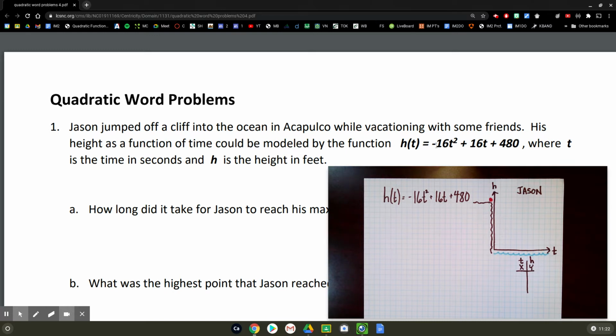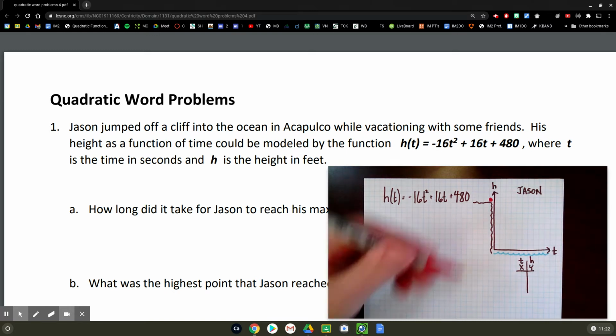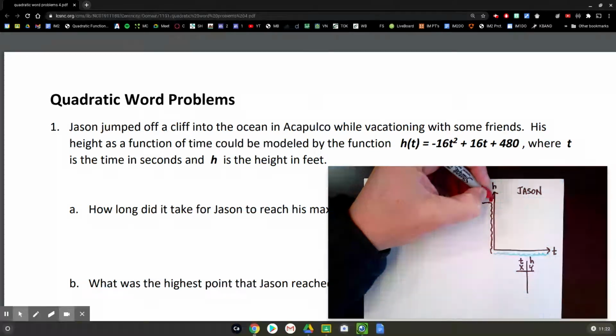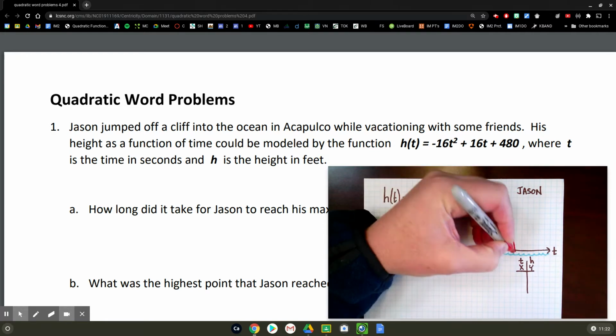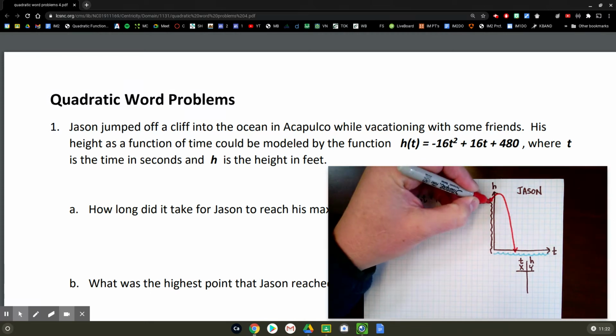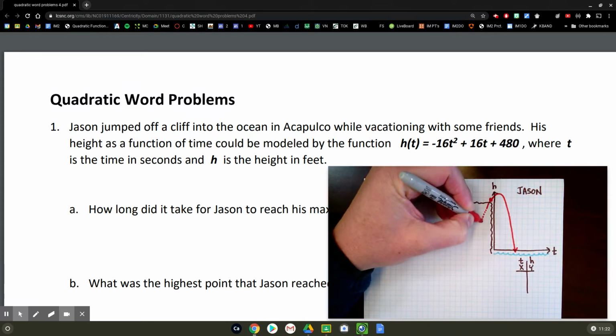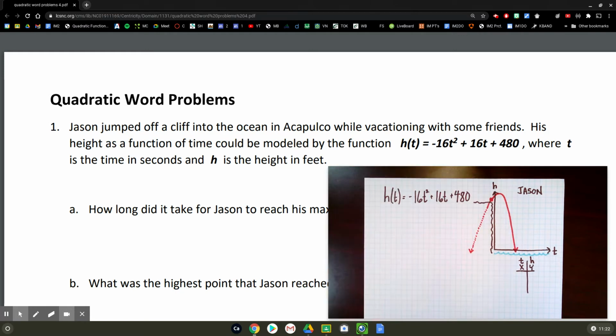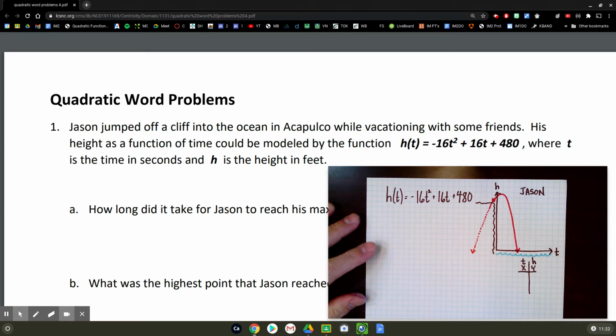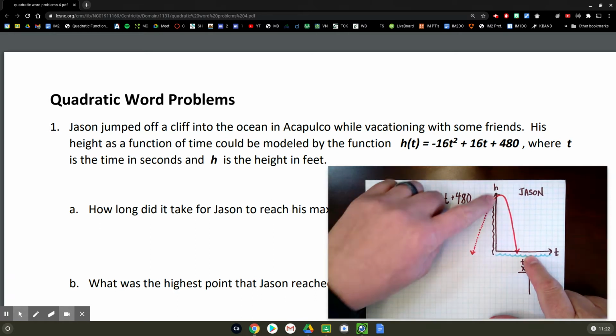If you can picture this path, Jason's going to jump off of this cliff and then come back to Earth, in this case to the water. The backside of this parabola is extraneous, meaning mathematically you can see that it's there, but it doesn't exist in time. So as time goes on, he goes up and then back down.